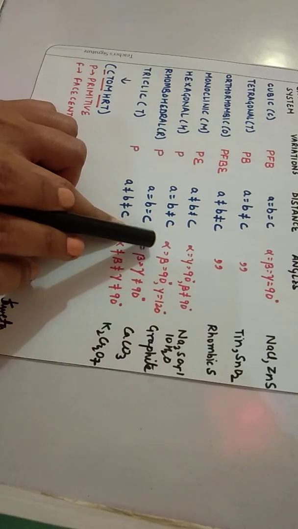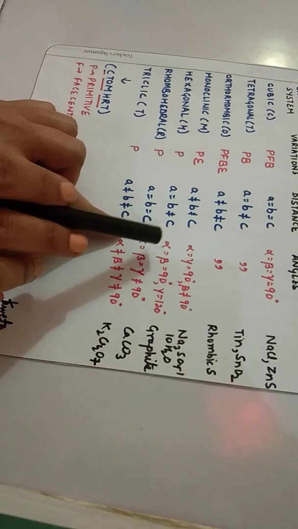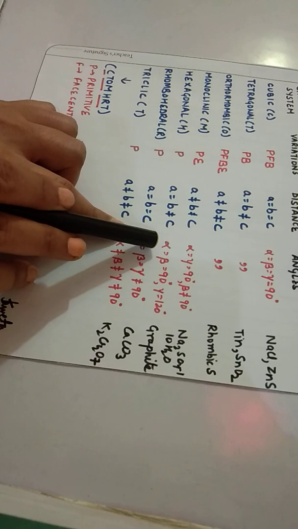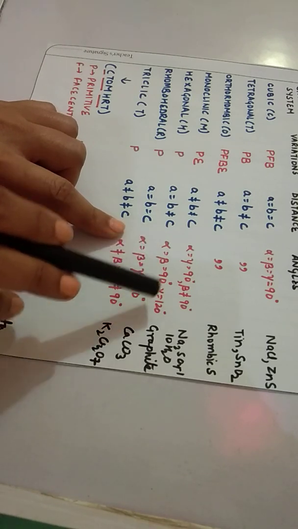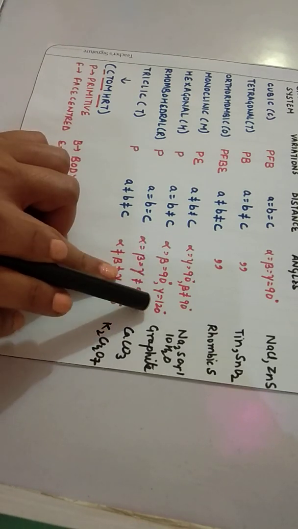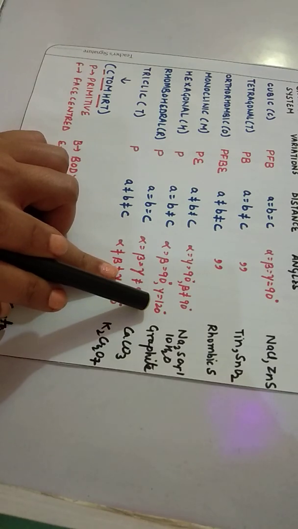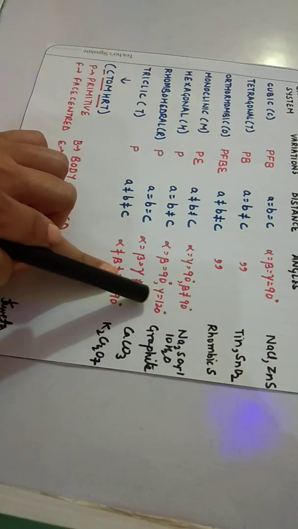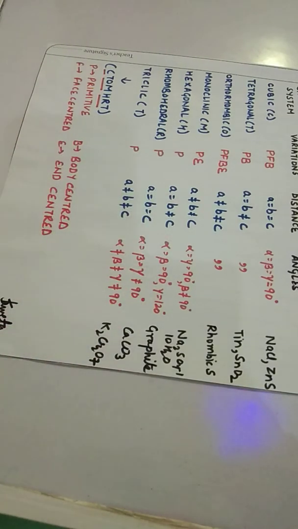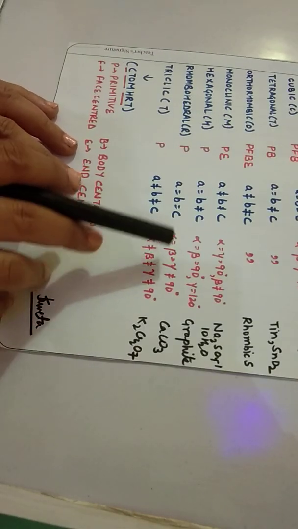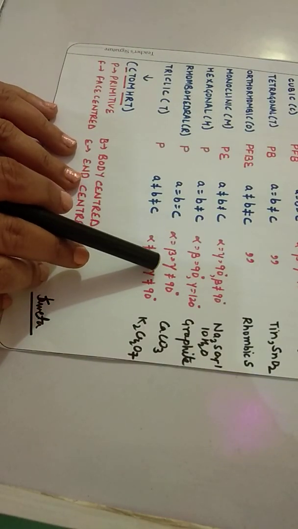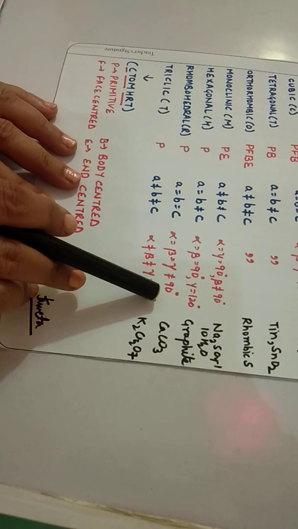While next one, alpha equals beta equals 90 degrees. The two angles that came here, alpha and beta, what is left is gamma. So here gamma equals 120 degrees. Next one, alpha equals beta equals gamma not equal to 90 degrees.